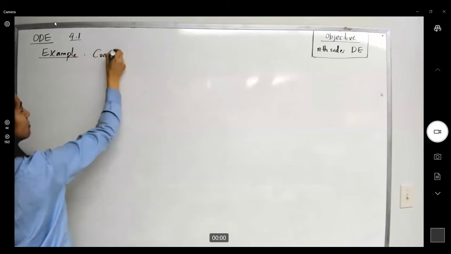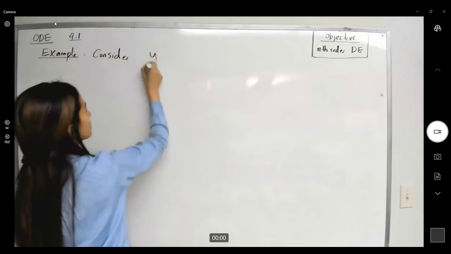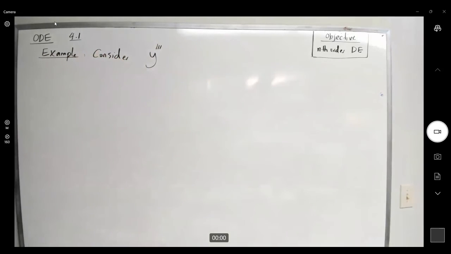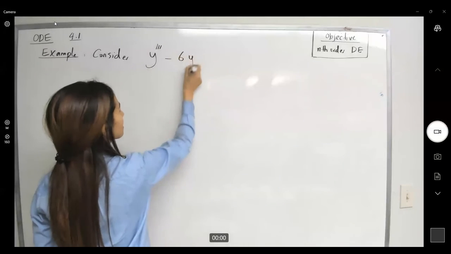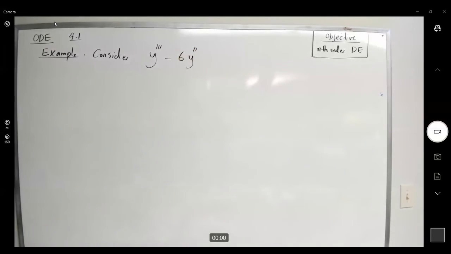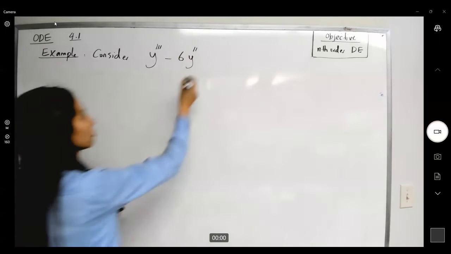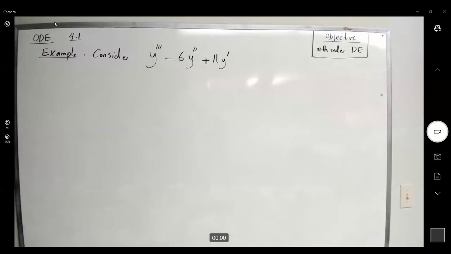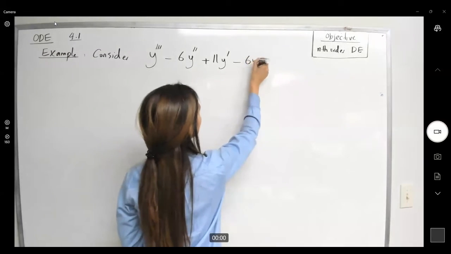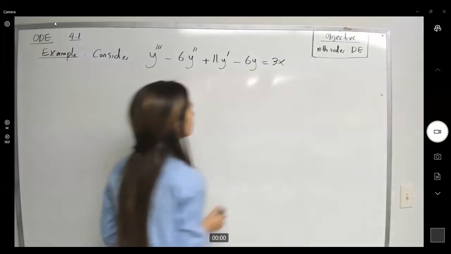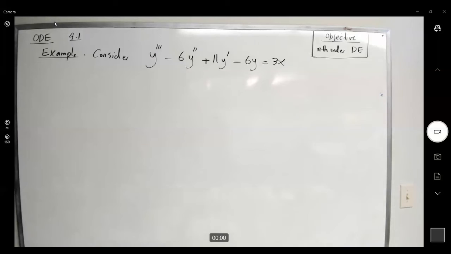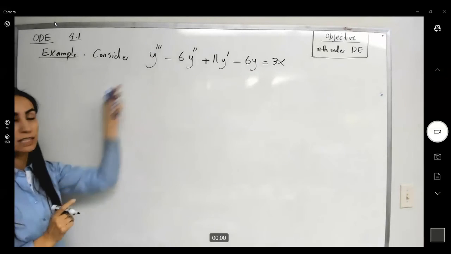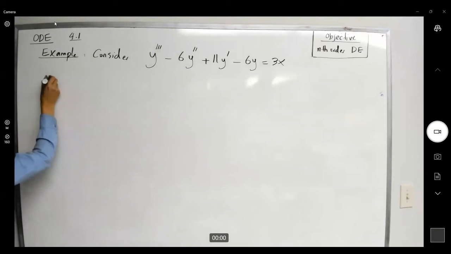Consider this differential equation: the third derivative of y minus 6 times the second derivative of y, plus 11y prime minus 6y equals 3x.